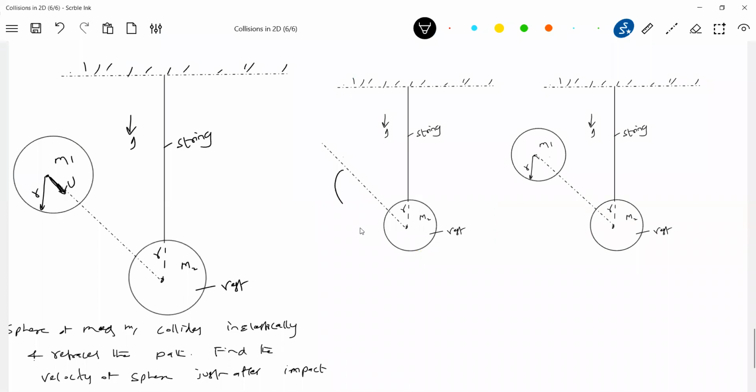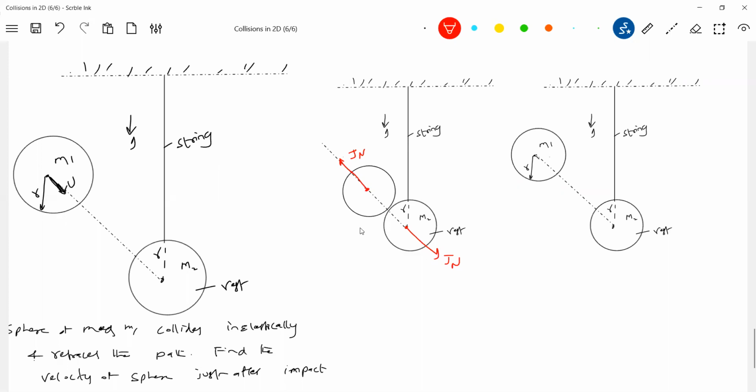I'll try to draw the diagram. They're in contact, no? The normal contact force will act along the line of impact. So this is the center of the two spheres. The normal contact I'm showing here; actually we have to show it here only, but to make you understand I'm showing it here. And here it acts in this direction. Is it fine? So the normal contact will act in this direction.